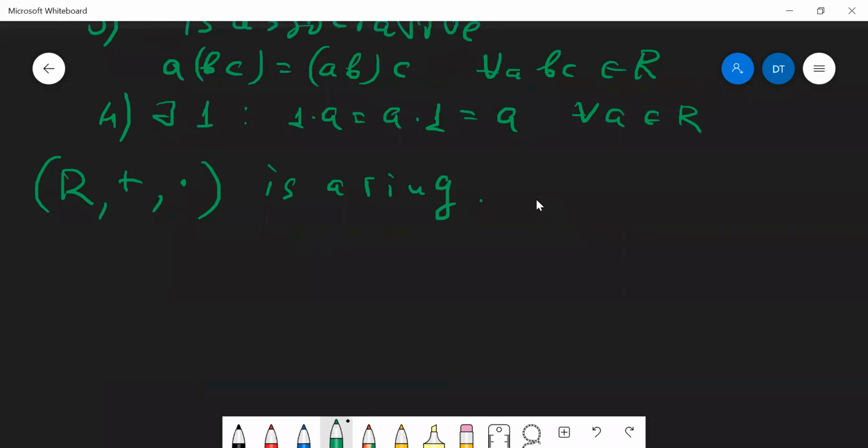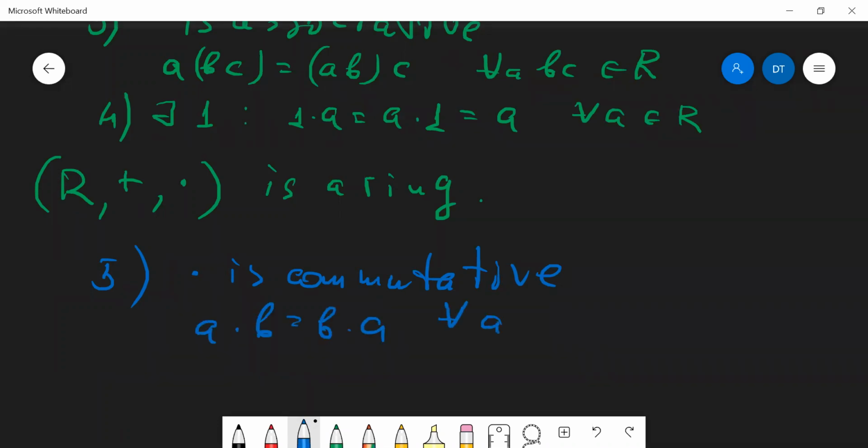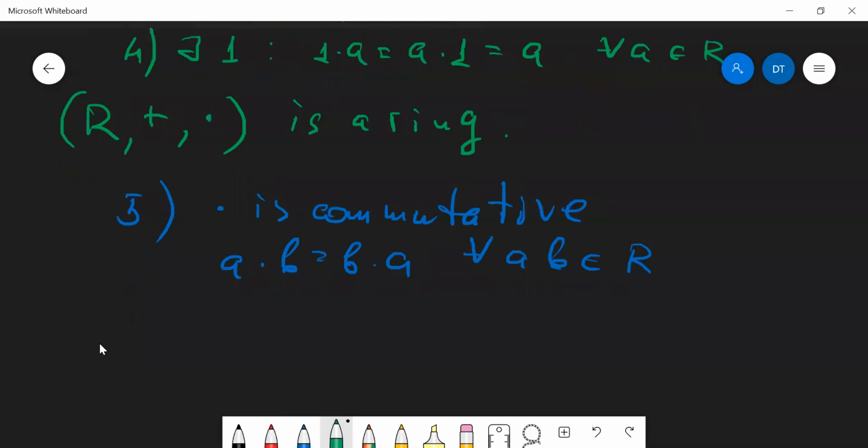Also, if additionally we say that multiplication is commutative, which is A times B equals B times A for any A and B in the set R, then the ring R is said to be commutative.